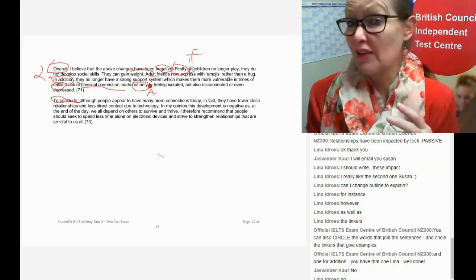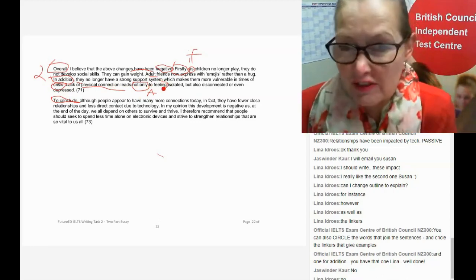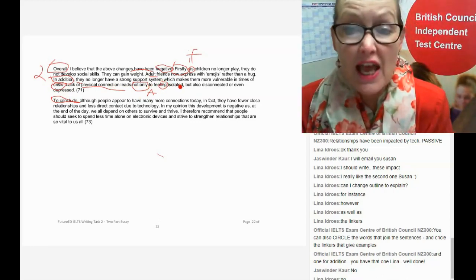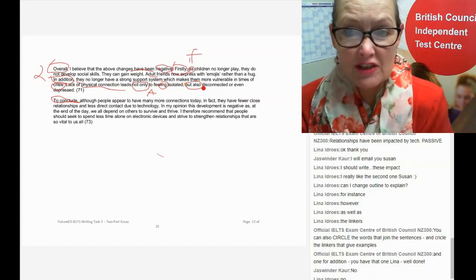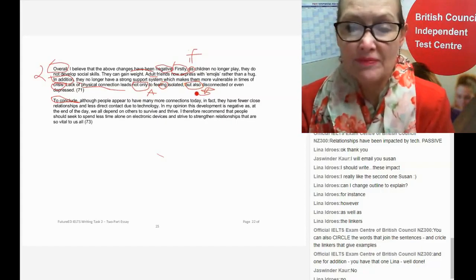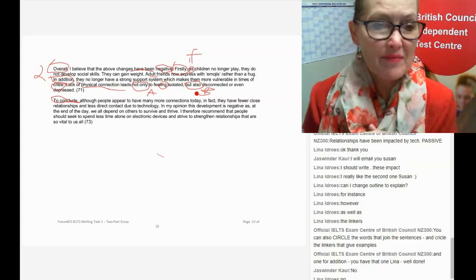We still love one another, but from a distance, and we don't have that physical connection anymore. We don't have that physical affirmation that we are loved and that our friends care for us.